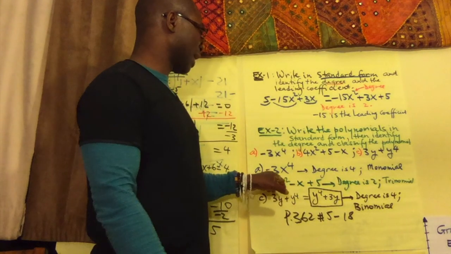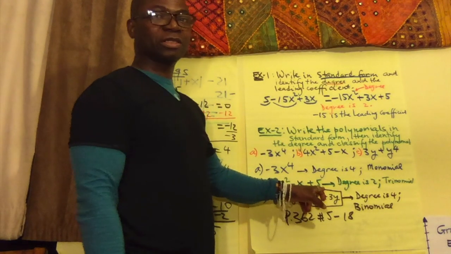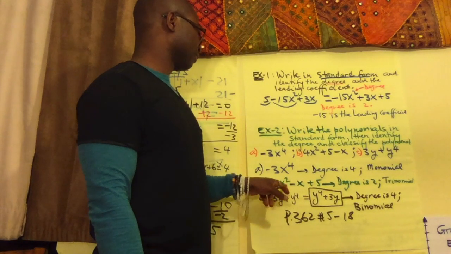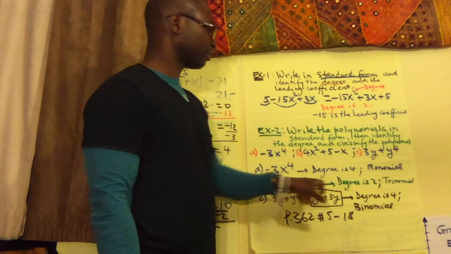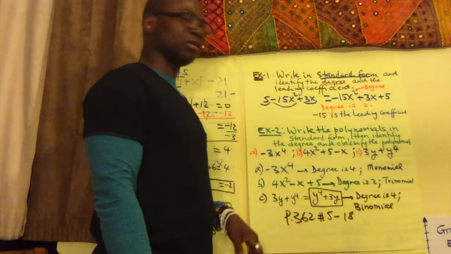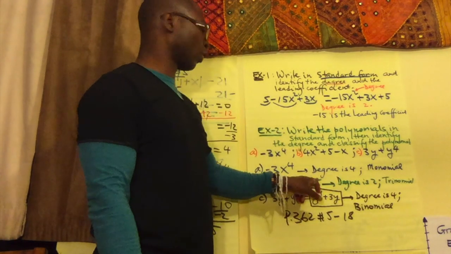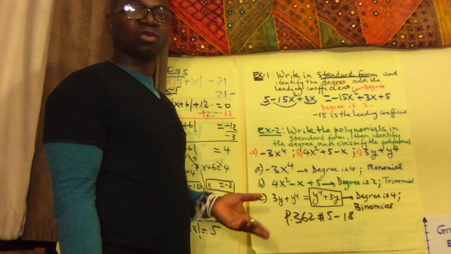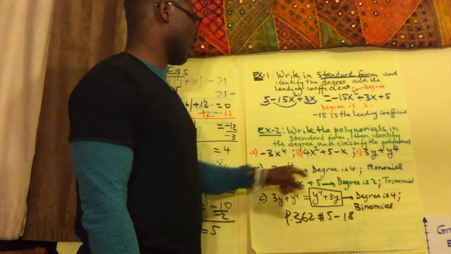From the highest exponent down to no exponent. What is the degree? The degree is 2. How many terms? 1, 2, 3. So it's a trinomial. 3 terms.